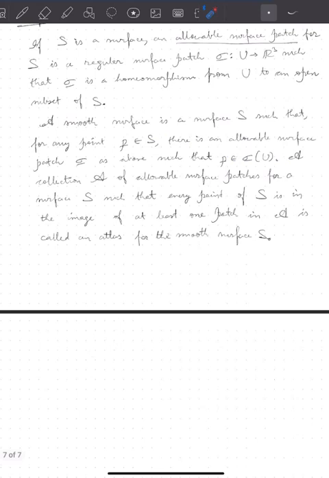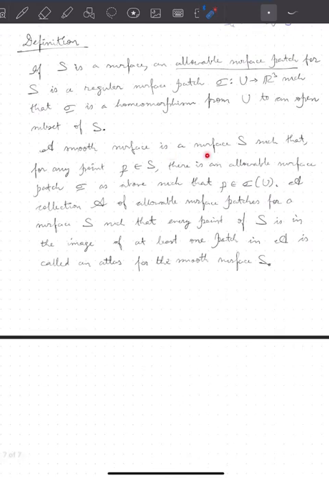That's clear. Now, a smooth surface is a surface S such that for every point P vector that is an element of S, there is an allowable surface patch sigma as above such that P is an element of sigma U, right?